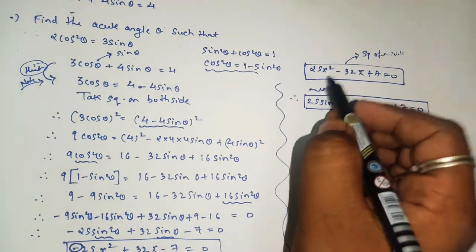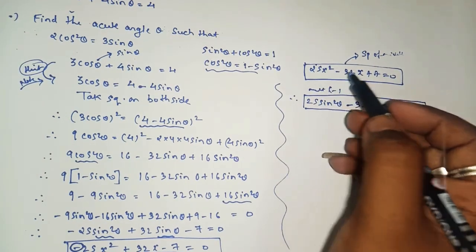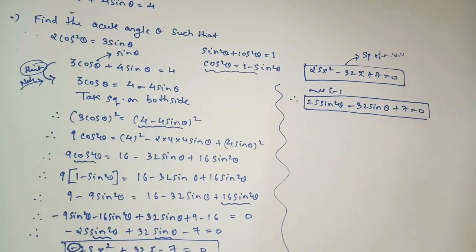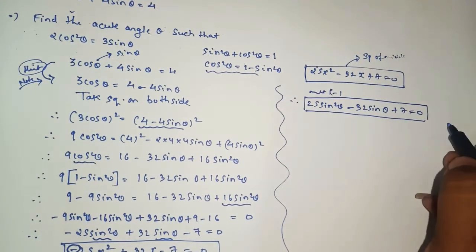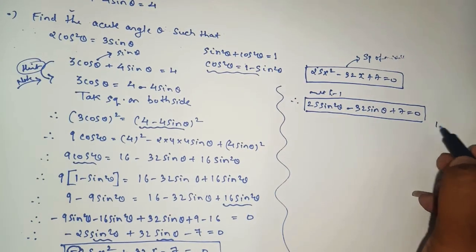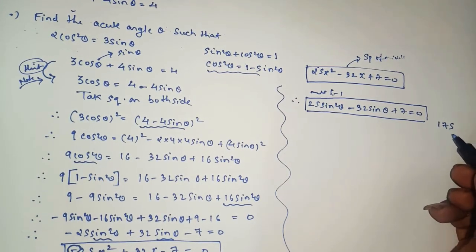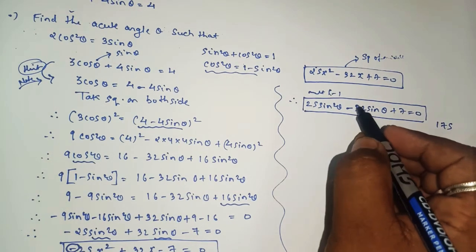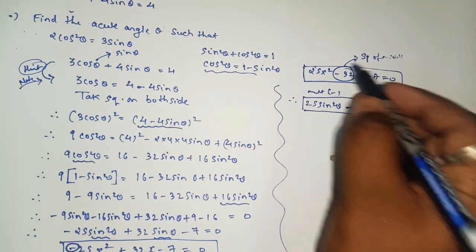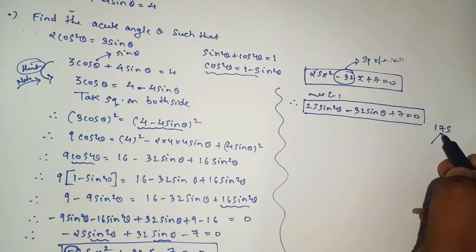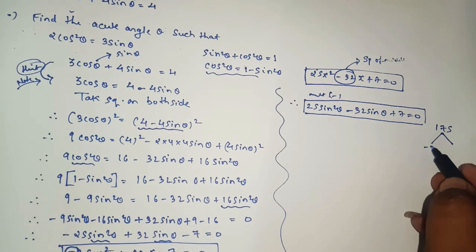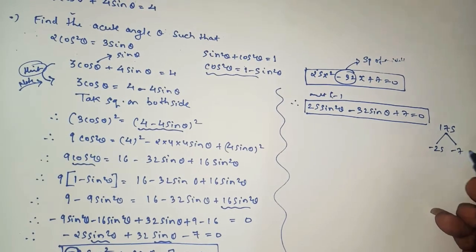So here the product is 25 sevens are 175, and the sum is minus 32. So here we'll take minus 25 and minus 7.